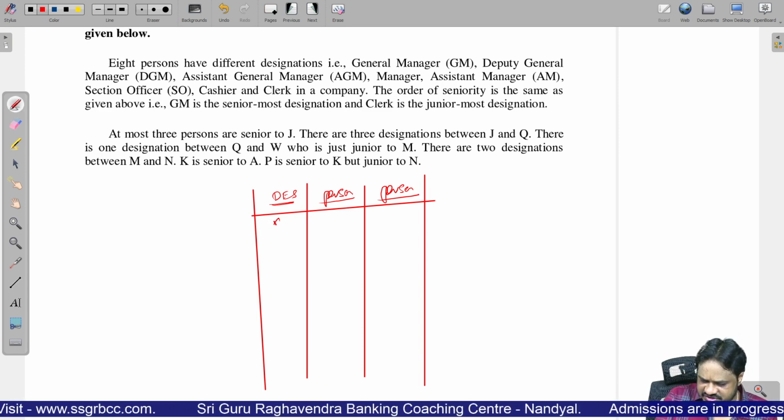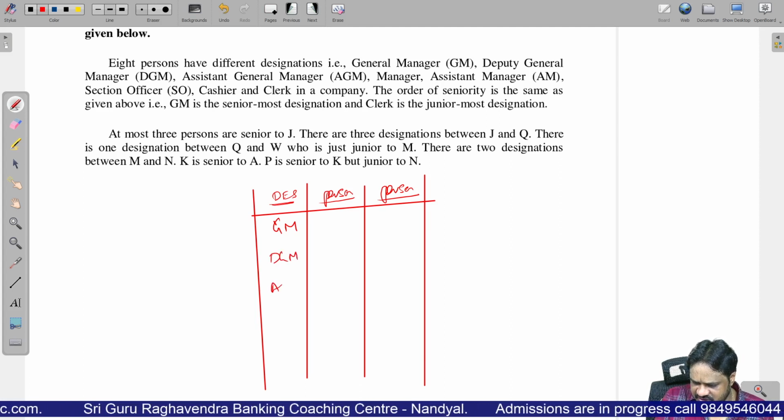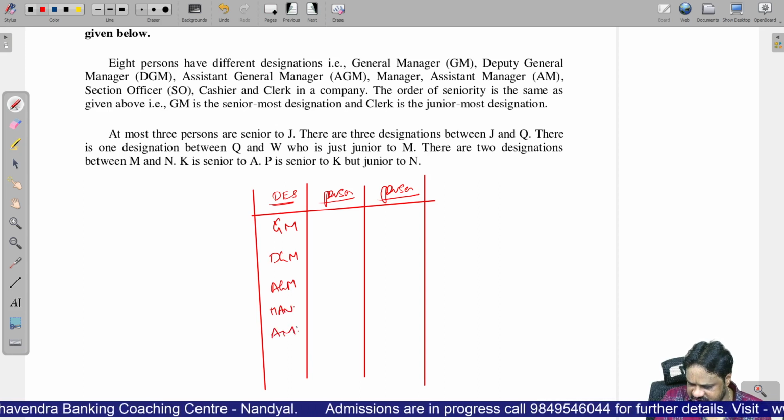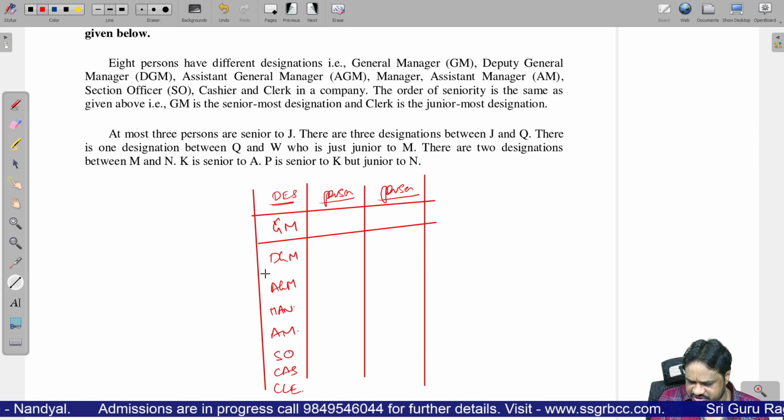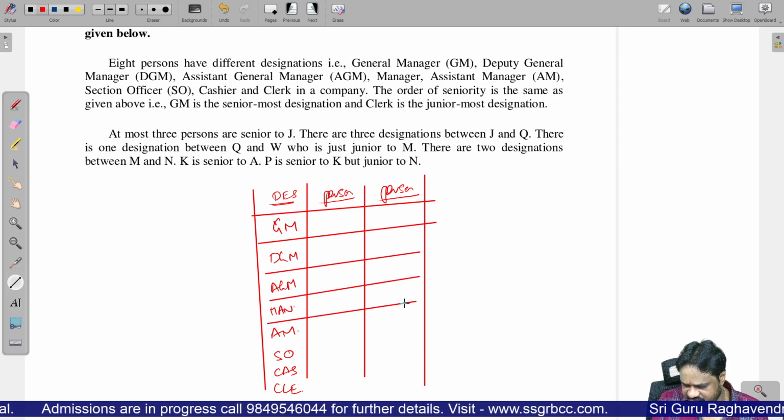So first GM, next DGM, next AGM, next manager, followed by assistant manager, section officer, cashier and clerk. These are the positions we have in the company.